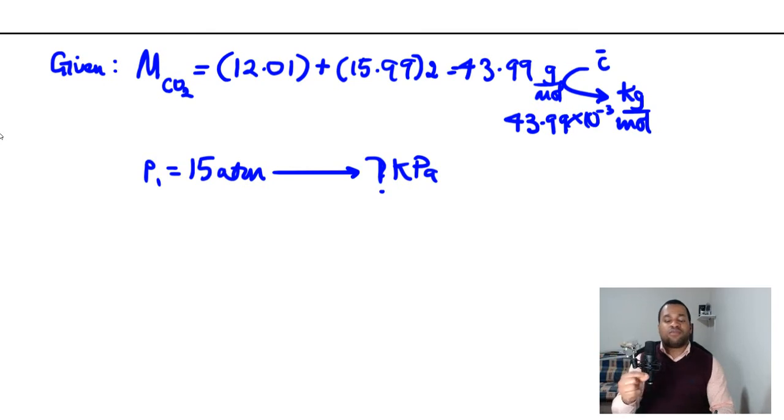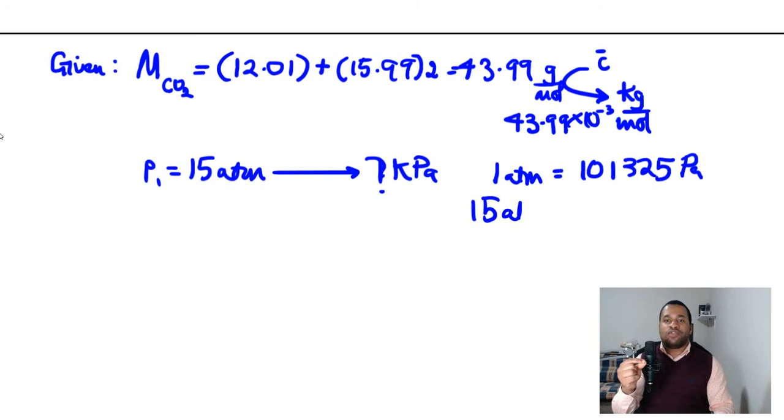So in this part here, we know that 1 atmosphere is equal to 101,325 pascals. Therefore, for 15 atmospheres, we need to multiply 15 by this particular 101,325 pascals.